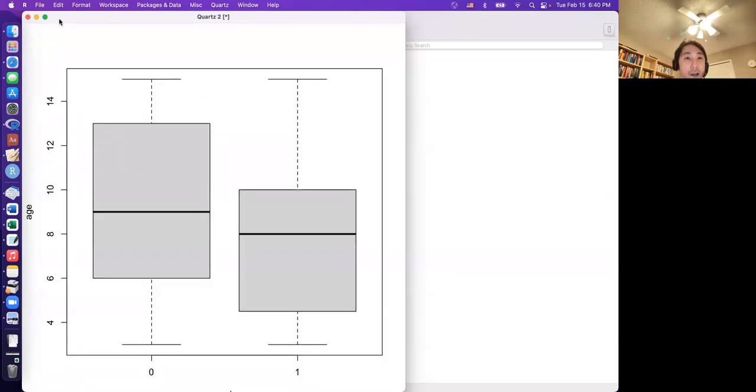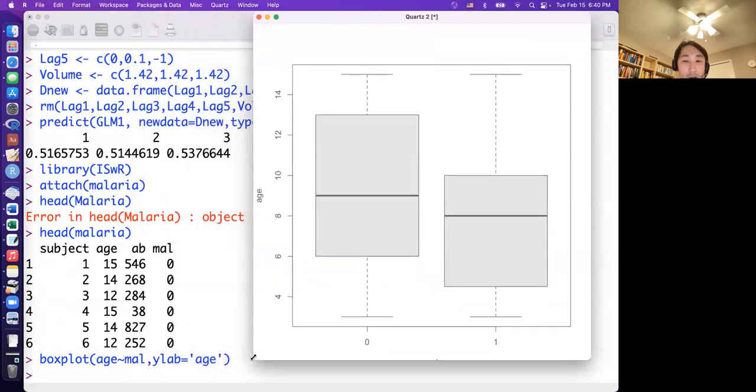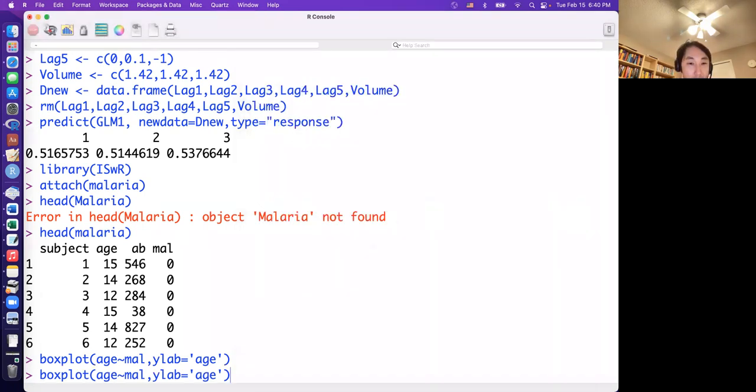We can see that for malignancy 1, the lower the age, the more malignancy, basically. Malignant patients have a lower average age.